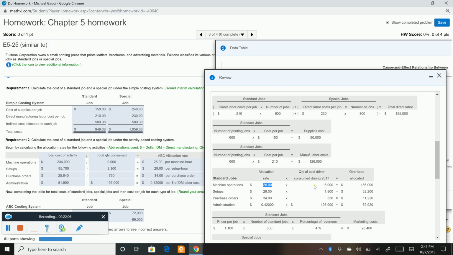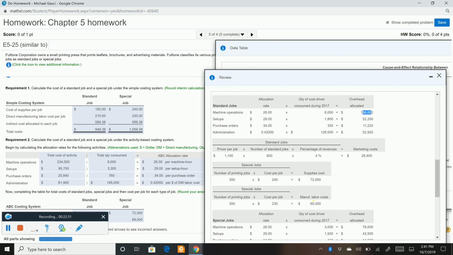The standard had 6,000 machine hours, which was the 600 jobs times 10 machine hours per job. So $26 times 6,000 gives you $156,000 for machine operations for the standard job.